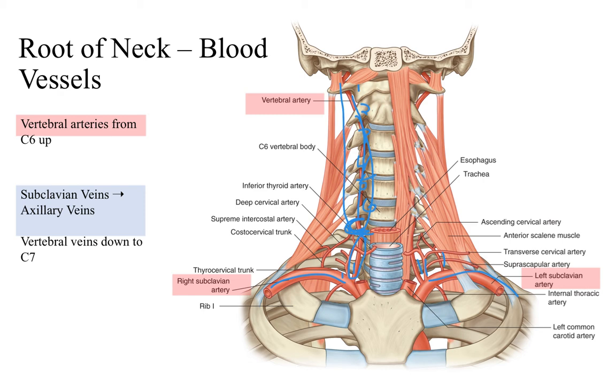And then, although they're not pictured here, there will also be the subclavian veins and the axillary veins within the root of the neck as well. So remember, generally speaking, it's going to be this area here. Everything that is right around in this area.